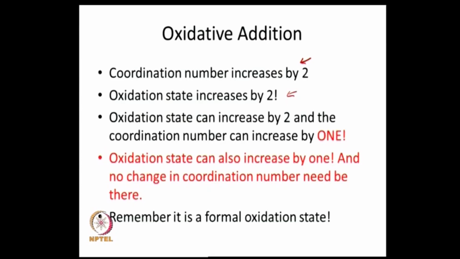For example, you can have an oxidation state of 1 and you have an oxidative addition reaction. So, you can have a coordination number increase that is also 1 or 2, and the oxidation number can also change by 1 or 2. Remember that it is a formal oxidation state that is going on during the course of this reaction. It is not a real oxidative addition.